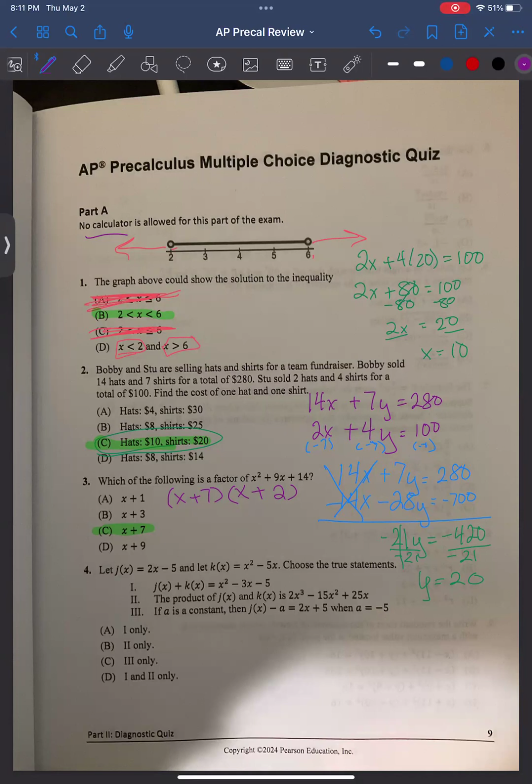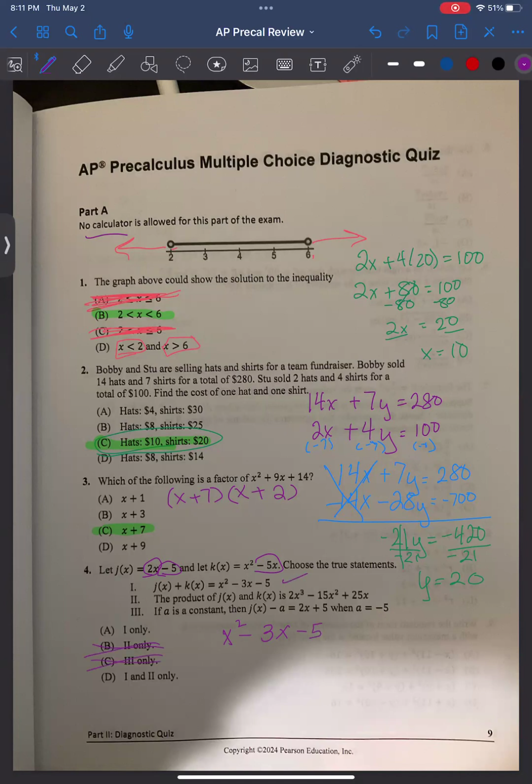All right, let's go through. The first one says that if I add up the two functions, I should get x squared minus 3x minus 5. There's no other x squared, so x squared stays. Then 2x minus 5x is negative 3x, and then minus 5. So 1 is true, and anything that doesn't include 1 is out.